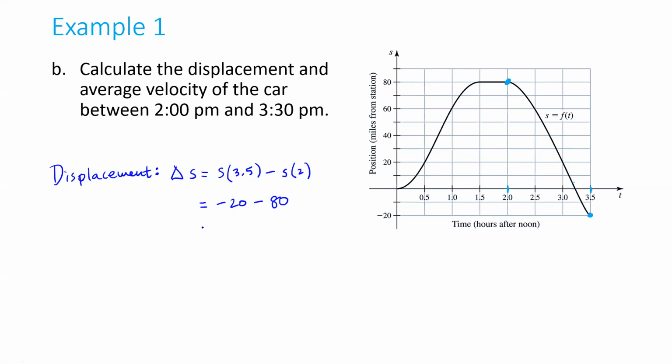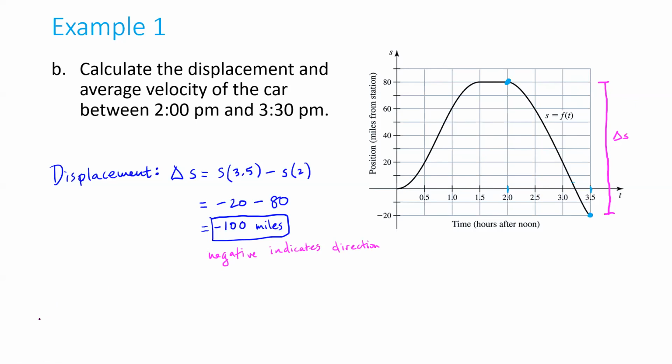So here we see it would be -100. Notice the negative sign indicates the direction. Right, so delta S here refers to the change in position from those two times, and the fact that it's negative indicates that its displacement occurs in the negative direction.